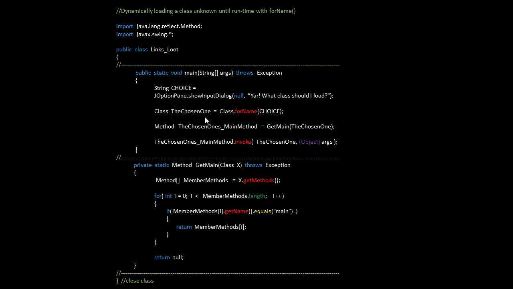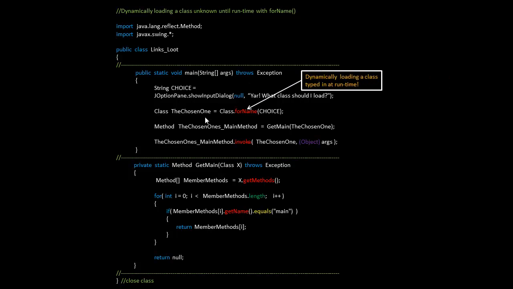We have a for loop. And we're going to go through all that class's methods until we find something that equals main, that class's main method. When we do, we'll return that index and subscript value on member methods in this case. And then once we do this, the chosen one's main method, we can then invoke or run that method, that object's main method here.